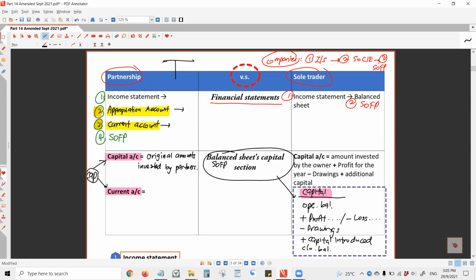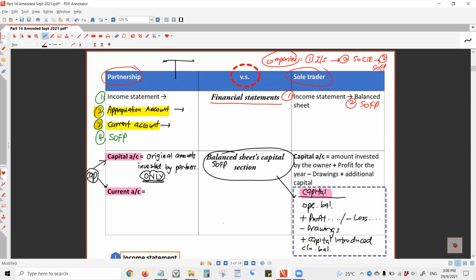In the capital account, it shows you all the partners' investment only. That means whenever your partnership business makes money, you would not add it into the capital account. It only contains the original investment.